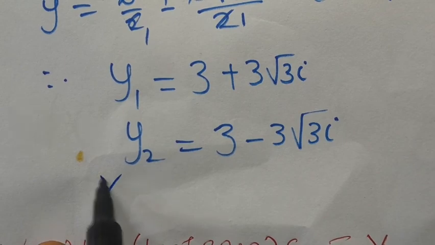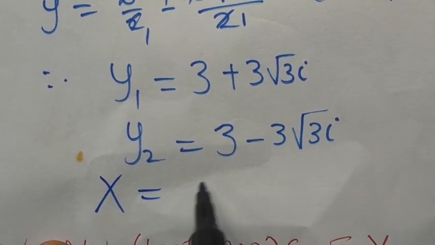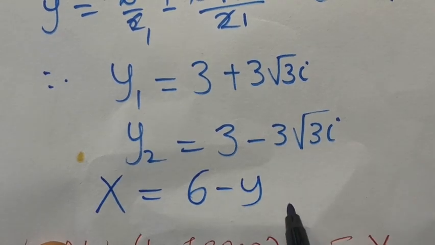Now to get the corresponding value of x, we have x equals 6 minus y.